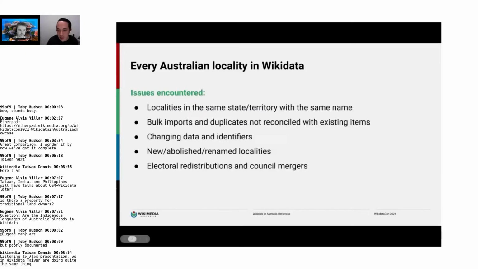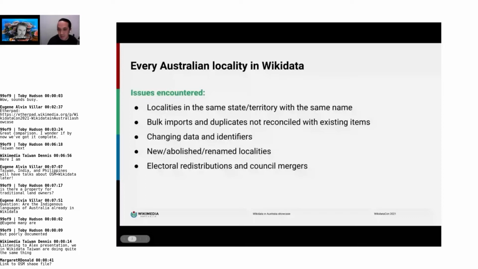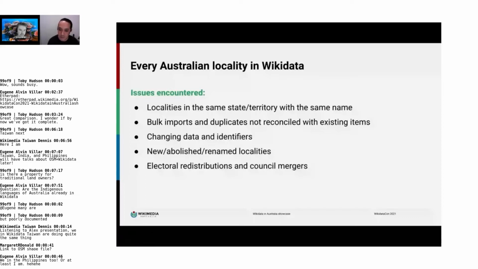Some of the issues we've encountered in working on this over the last couple of years: localities with the same name, particularly where they're in the same state or territory. That makes it difficult to reconcile them to an entry in a database or a gazetteer. Bulk imports and duplicates not being reconciled with existing items.